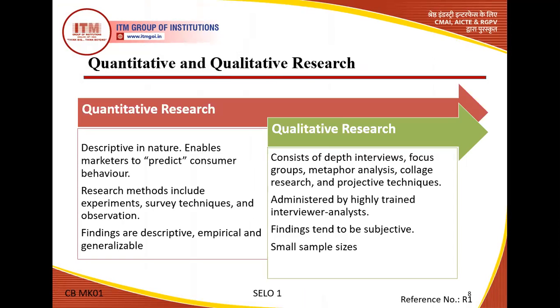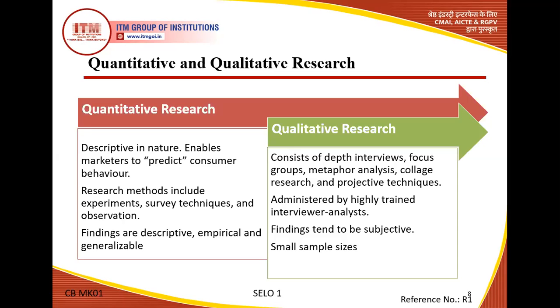Qualitative and quantitative research. So what is quantitative research? It is descriptive in nature and enables the marketer to predict consumer behavior. Research methods include experiments, survey techniques, and observation. Findings are descriptive, empirical, and generalizable.